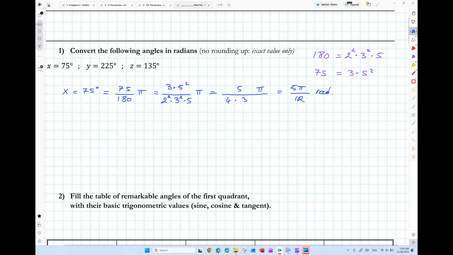And I will do the same thing for all of them. So y equals 225 degrees. Let me express this 225 in terms of product of prime numbers.